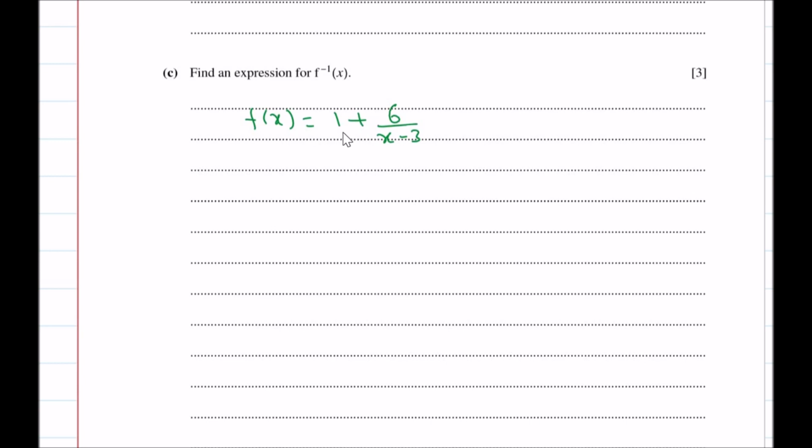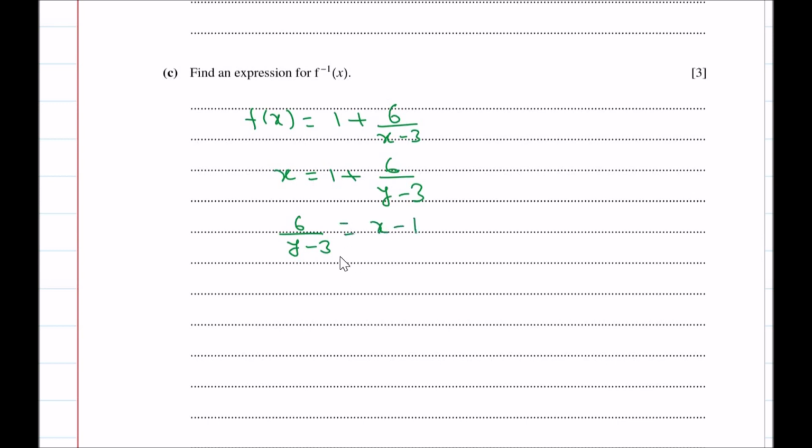Now we have to find f inverse x. So let us swap f(x) and x. So we get x equal to 1 plus 6. For f(x) we write y. So we get 6 by (y minus 3) is equal to x minus 1.